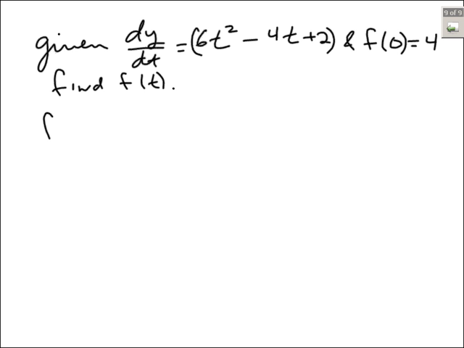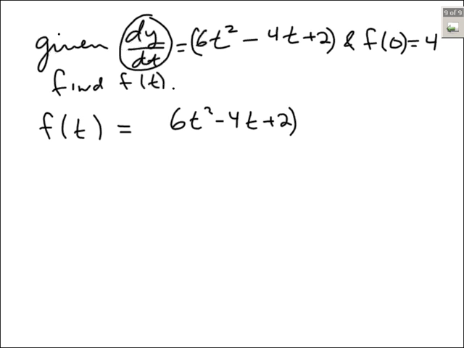Well, f of t or y is equal to, well, if you're given the derivative, this here is f prime of t, the derivative of what?